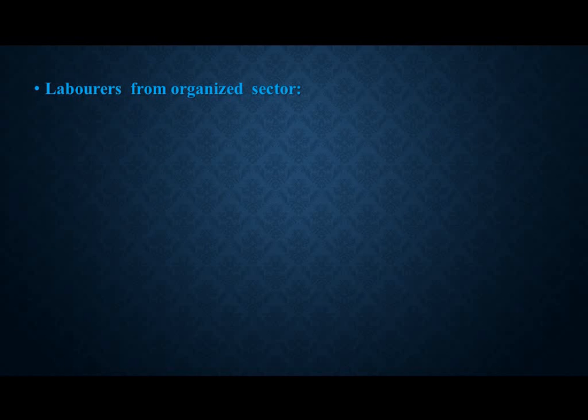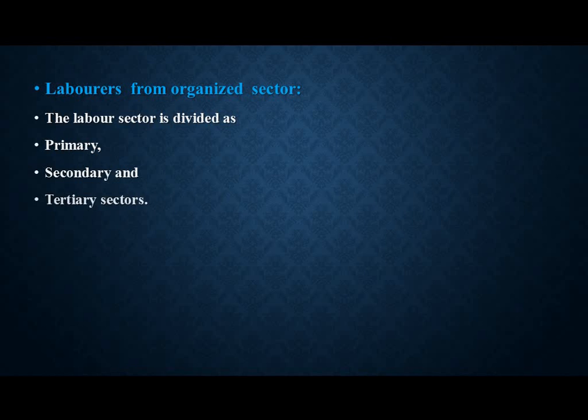Students, the labor sector is normally divided into primary, secondary and tertiary sectors. The primary sector comes under agriculture, fishing, mining, all that. The secondary sector comes under weaving, manufacturing, all that.